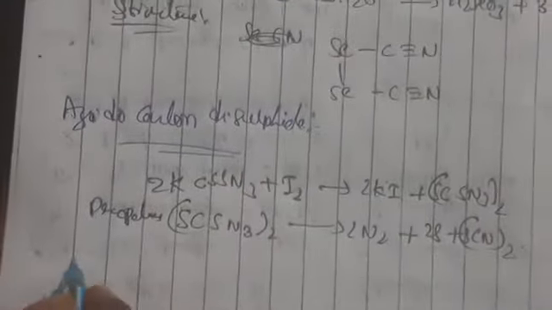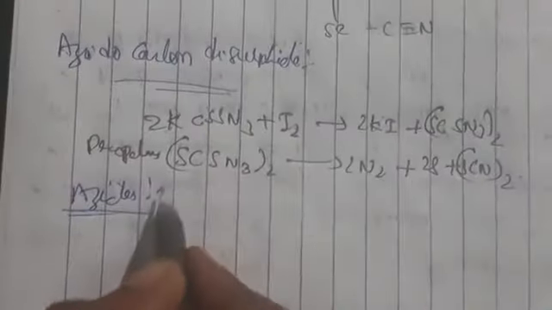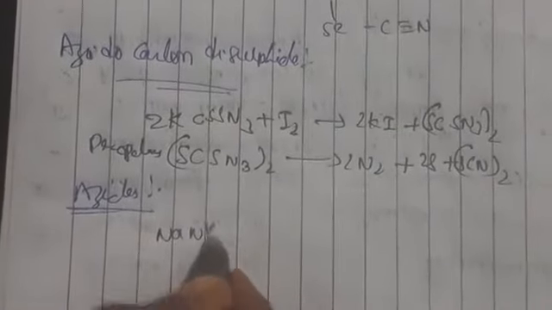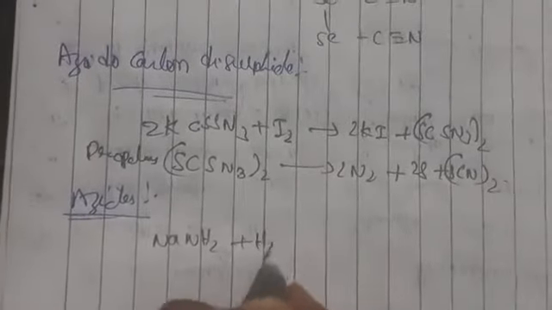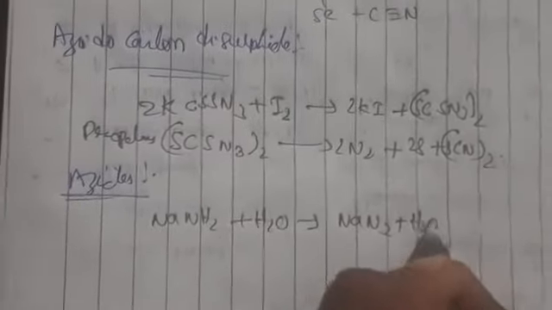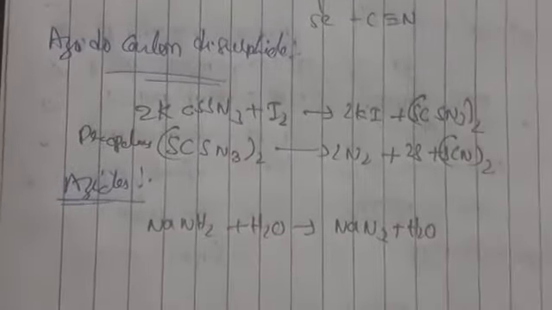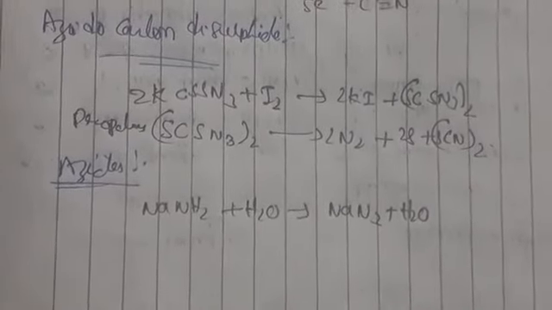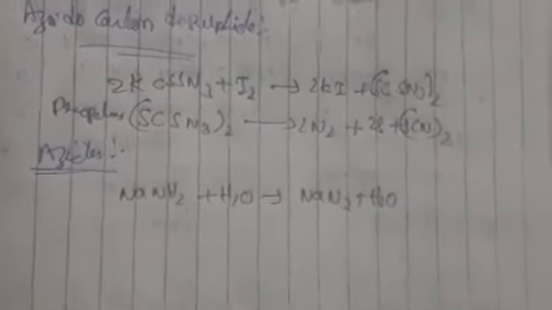And the next one we can take is azides. Azides means N3 we should have to get. So coming to here, azides means we can take NaNH2 plus N2O. It will give NaN3 plus H2O. But the azide radical is unknown in free state also. It is forming a dimer. But it will give similar properties to halogens.